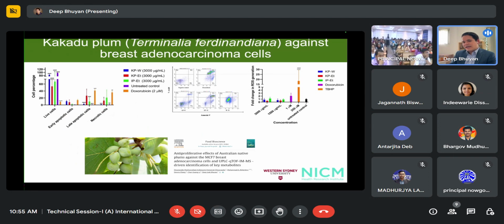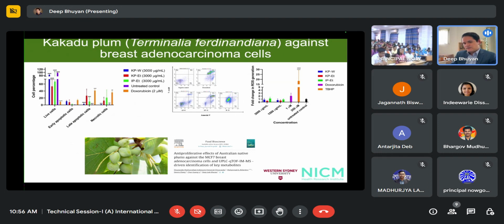So when we talk about cancer research, there's something called apoptosis. So basically, it is programmed cell death. Okay, so when you treat with different extracts or compounds or secondary metabolites or standard chemotherapy, you should be able to see the induction of this particular death pathway, which is called apoptosis.